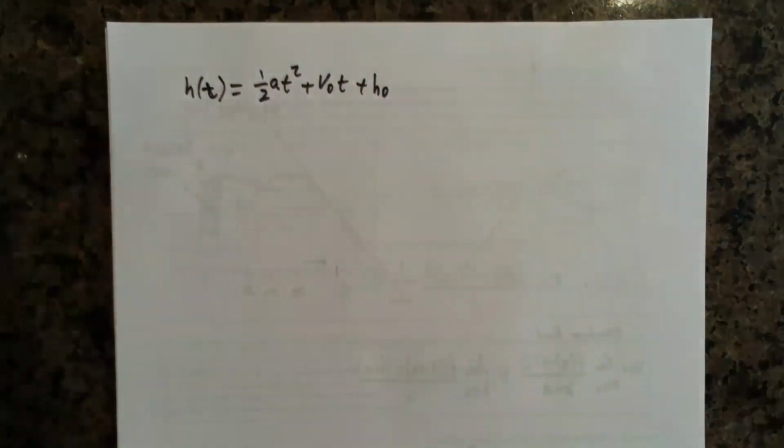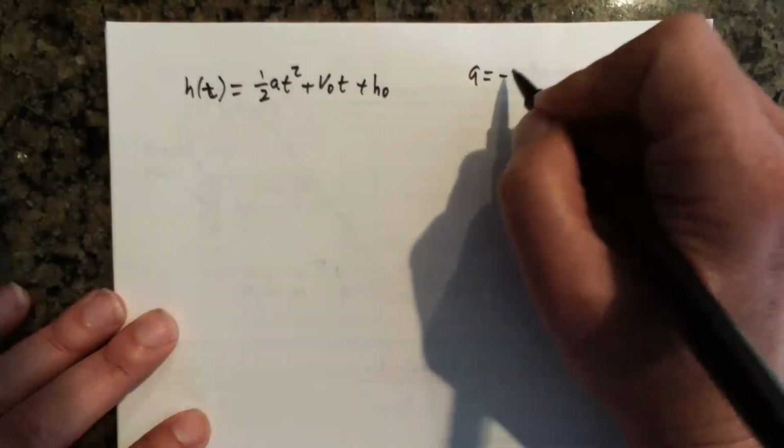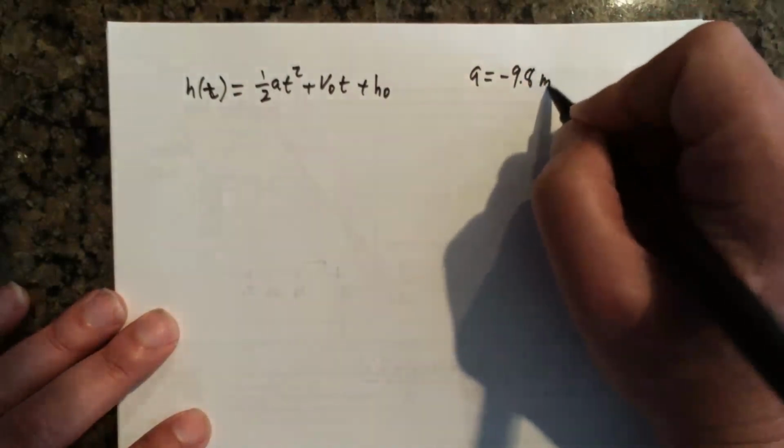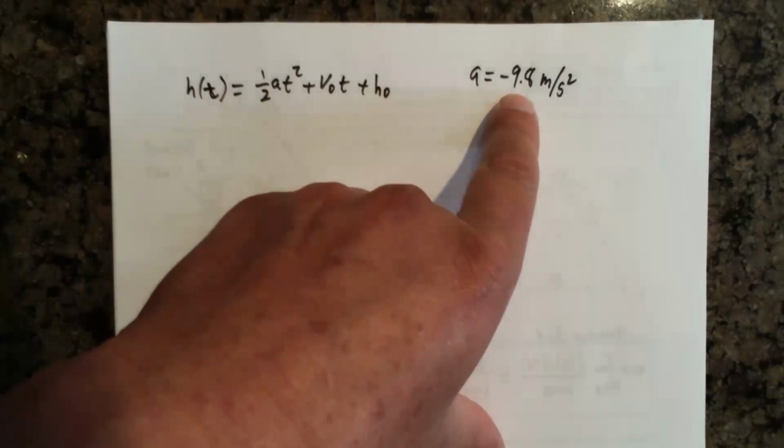Now, v naught is the initial speed or velocity. a is the acceleration. For our purposes, our a is going to be a negative 9.8 meters per second squared. Now, this is the universal on-Earth acceleration of gravity. When something lets go, because of the gravitational field of the Earth, this is how quickly it accelerates.